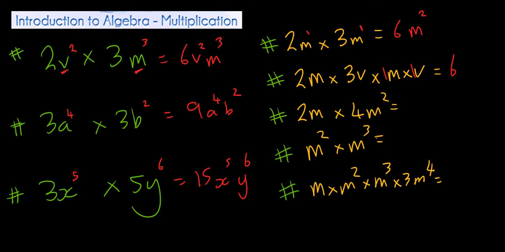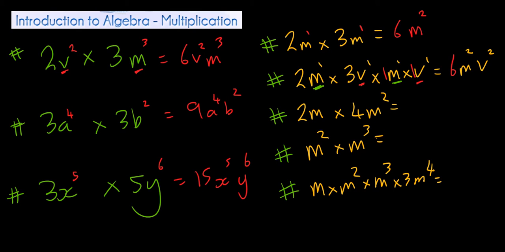Now, this is where we need to be careful. We have got an m and an m and a v and a v. As we said in a previous slide, we know that m times m is m squared. Just add the powers together. v times v is v squared also, because we just add the powers together.